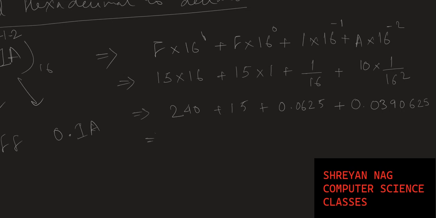So let us sum it up: 240 plus 15 is 255, plus 0.0625, plus 0.0390625, so it is 255.1015625 base 10.